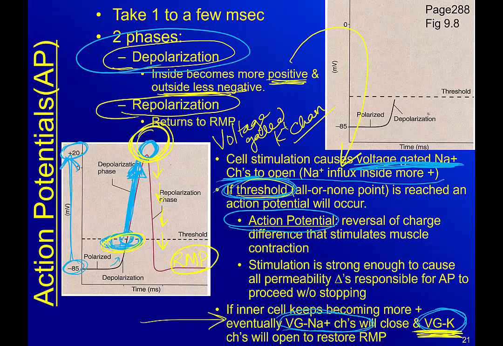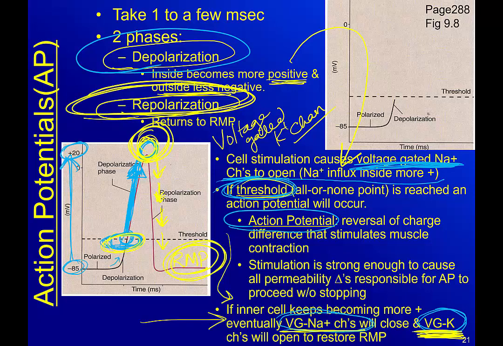Once I have reached a certain amount of positive inside the cell, then the voltage-gated sodium channels close, the voltage-gated potassium channels open, and I start leaking potassium, repolarization. And I eventually will return to my resting membrane potential, back to this negative 85 that I was at to begin with.